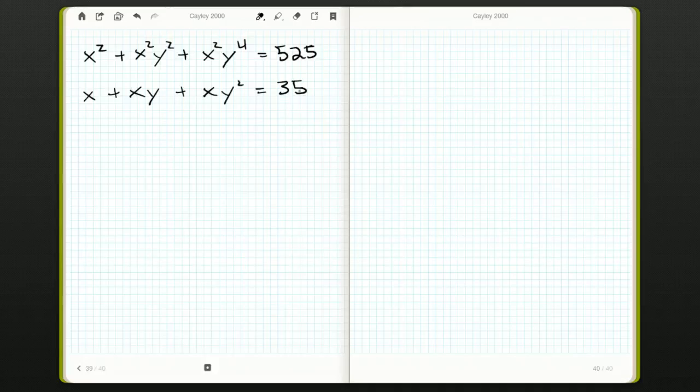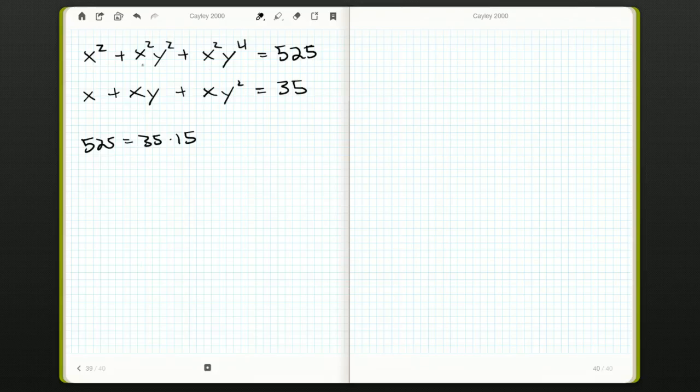And like I said, I noticed that 525 is 35 times 15. So I wonder, is there a way to write this top polynomial, the top left-hand side, as an expression in terms of the bottom left-hand side? Is there a way to express one as the other?